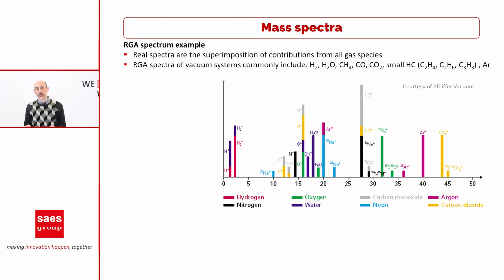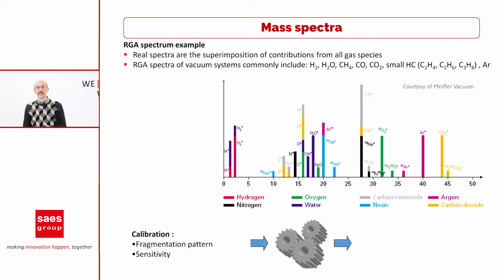While to perform a quantitative analysis, we have to calibrate our QMS to obtain precise patterns and sensitivity. Then, with the opportune algorithms, it is possible to disentangle the spectrum and get the partial pressures.